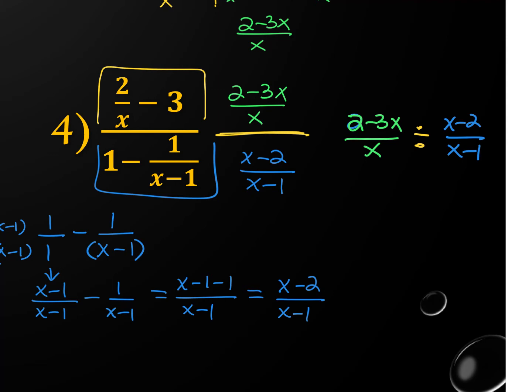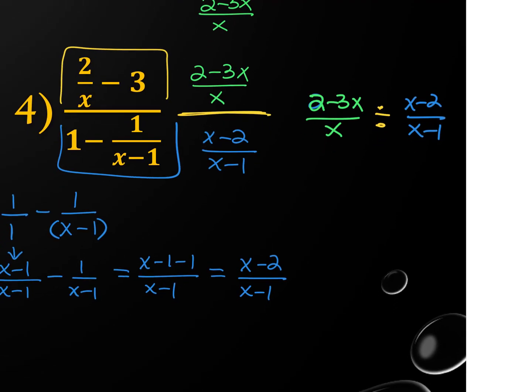I need to do like a keep flip change here. So I'm going to keep the green one. I'm going to change the division to a multiplication, and I'm going to flip the blue one upside down.